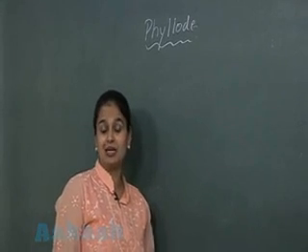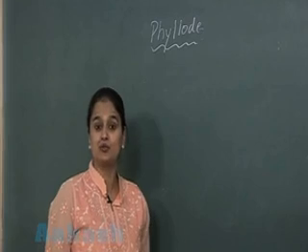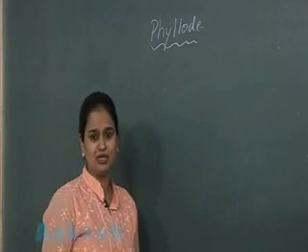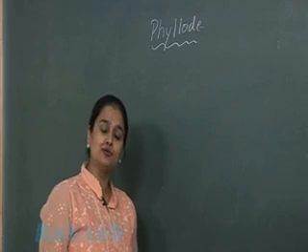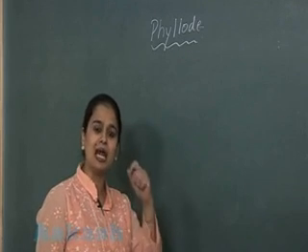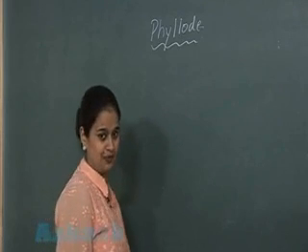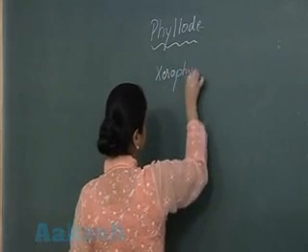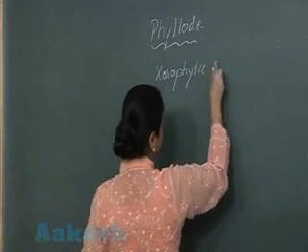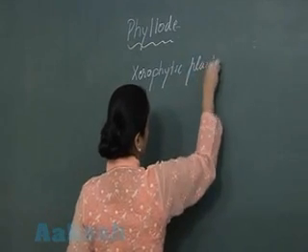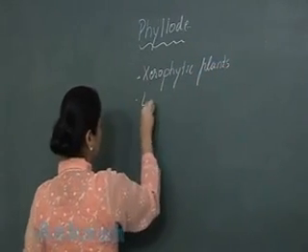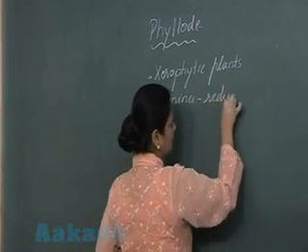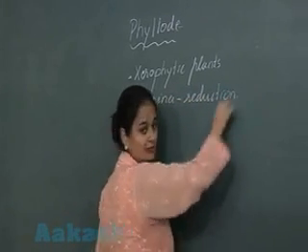We know that the lamina is the part involved in water loss. Now in the case of xerophytic plants, what happens? To reduce water loss, the lamina shows reduction.